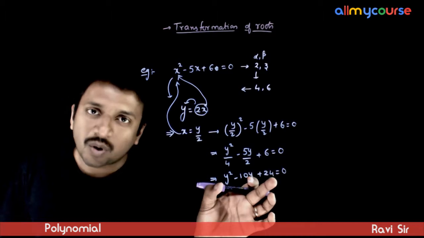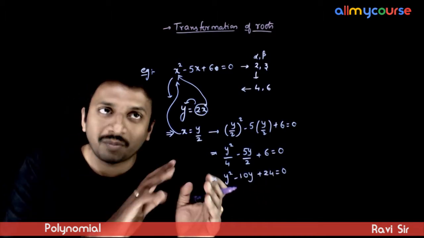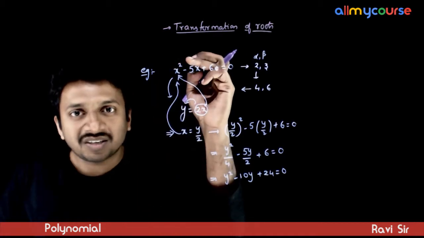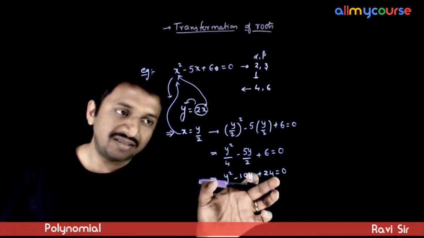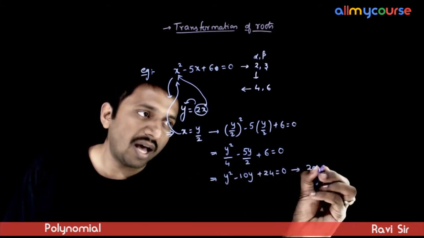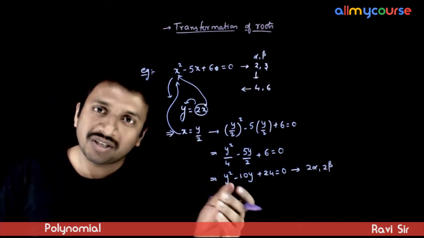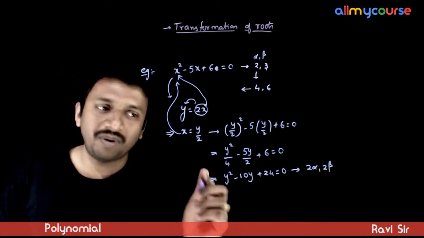So this is a quadratic condition which y satisfies, and y is nothing but 2 times the number which satisfies this equation. Hence this is an equation whose roots are 2 alpha and 2 beta. If you want an equation in x, finally you can put x in the place of y.